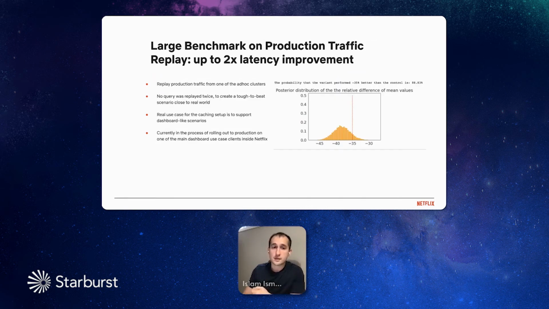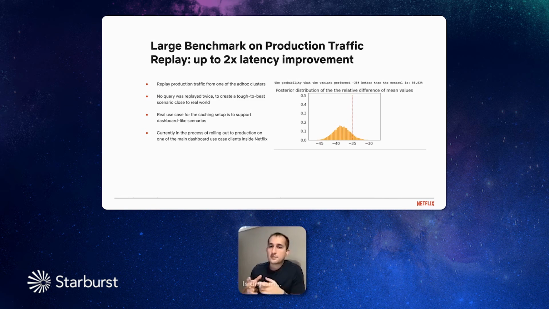To benchmark this, I wanted to throw the hardest ball at this caching architecture. I added all these caches: metadata cache, footer cache, Alluxio data cache, both on coordinator and worker.